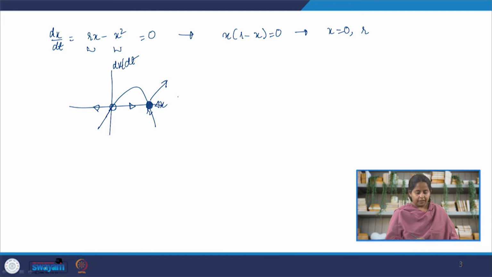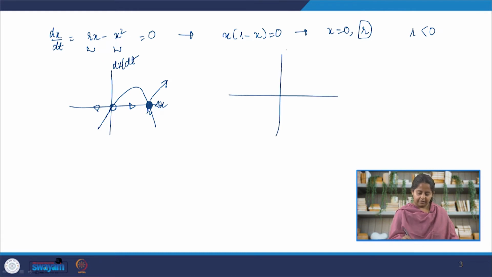Now, let us change the value of r. Let us start reducing r, taking r from positive all the way to negative. When r becomes negative, this is how our system will look. 0, and then here we have r, and x is on the x axis.